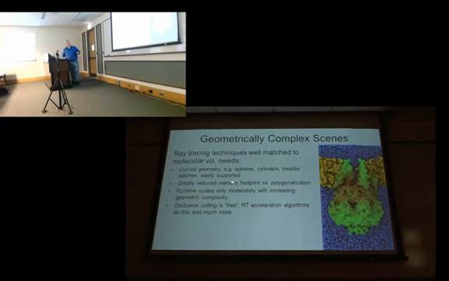The other thing that's cool about ray tracing, and this is just starting to become a factor, is that there's a computational scaling issue. With rasterization, the factor that impacts performance is how many things you draw, how many objects. And so that's how many triangles, how many spheres, how many cylinders. With ray tracing, the number of objects isn't really a problem unless you run the machine out of memory.